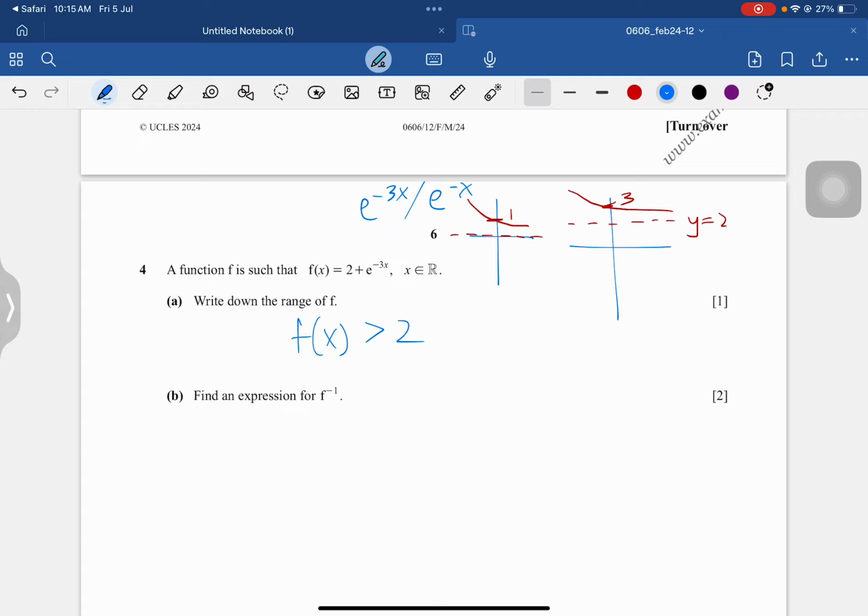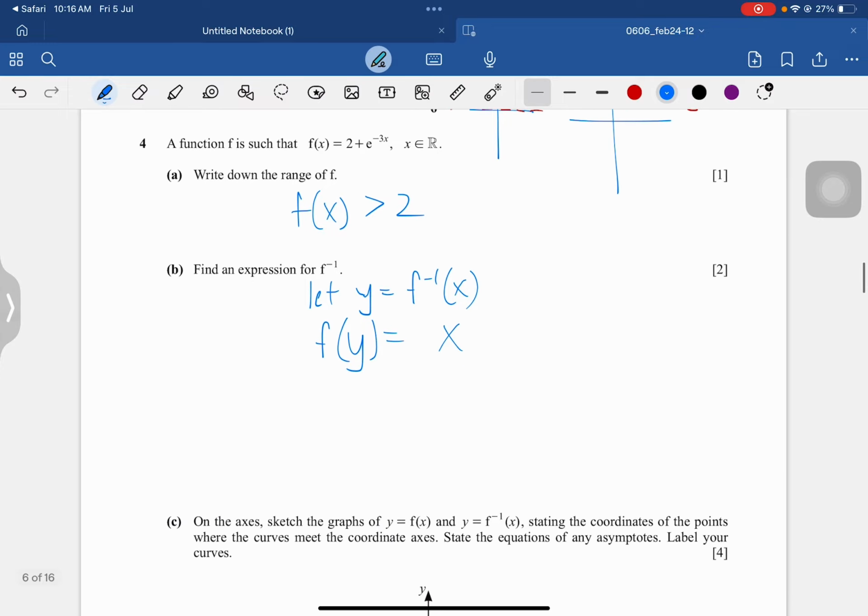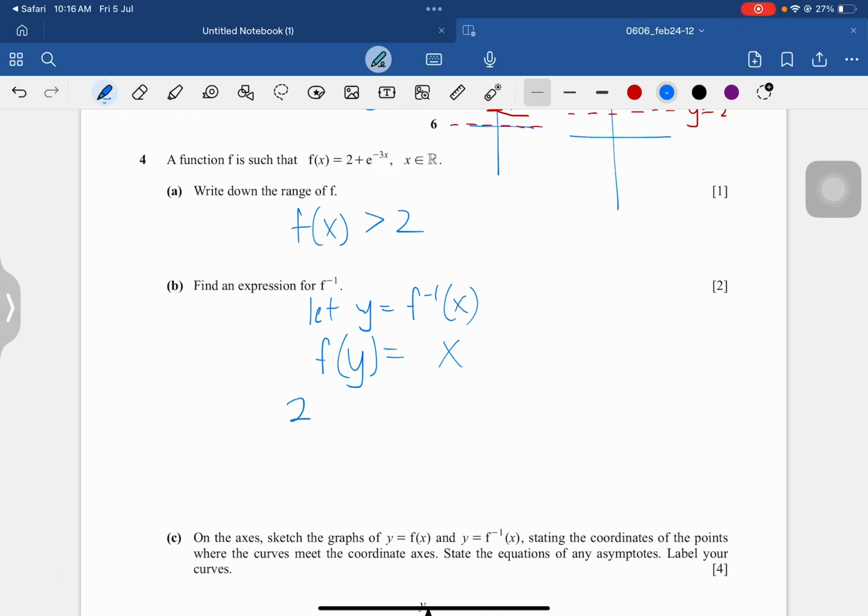Find the f inverse. Okay, I use the proper method. Let y equals to f inverse of x. x remains, y remains. f inverse throws f to the other side. f(x) is 2 plus e to the minus 3x. So f(y), 2 plus e to the minus 3y equals to x. e to the minus 3y equals to x minus 2.